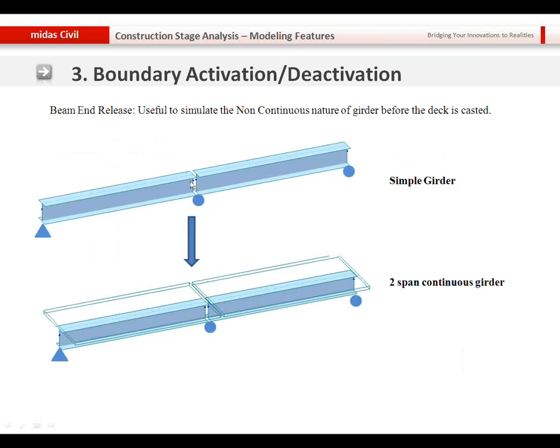Also, with the help of the boundary activation and deactivation, we can apply the beam end releases. The beam end releases become very important in this scenario when in construction stage 1 the girder is simply supported, and in construction stage number 2 the girder becomes continuous because of the laying of the deck over it.